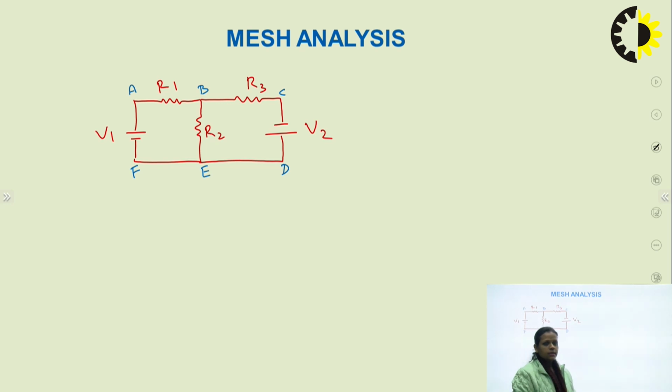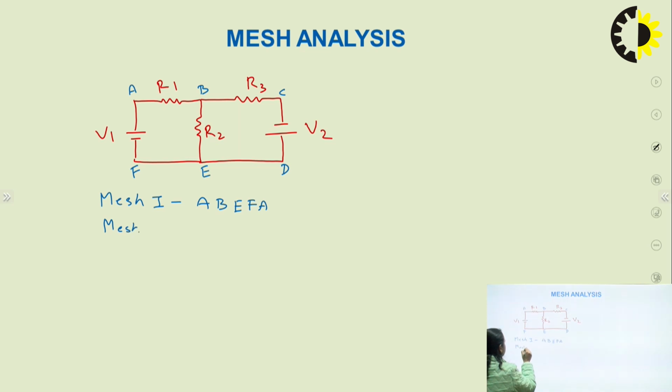So there are two meshes here. Mesh 1 is A, B, E, F, A, and mesh 2 is B, C, D, E, B. These are the two meshes.